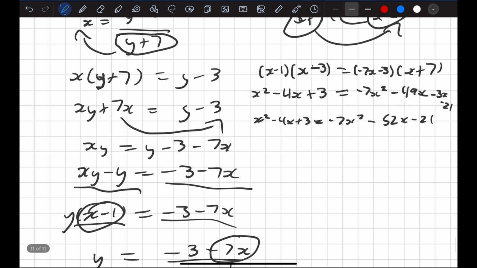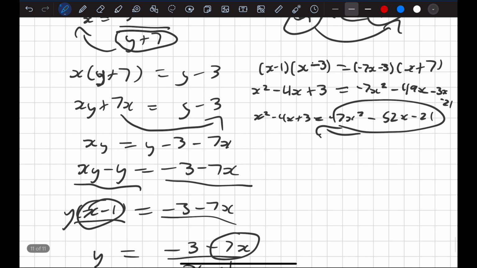All right, that's everything completely multiplied out. Now we want to get everything on one side, so I'm going to bring all of these onto this side. x squared plus 7x squared equals 8x squared.